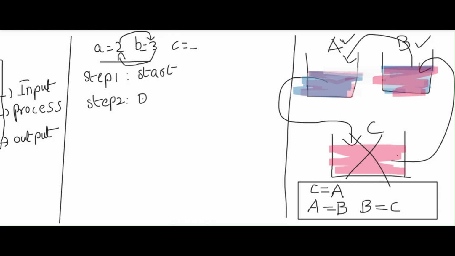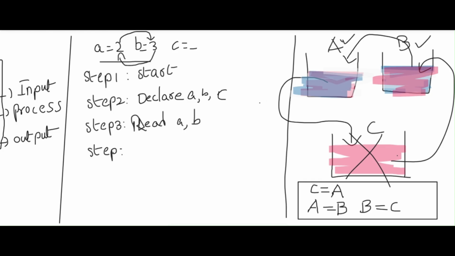Step two, we will have to discuss declaration later: I have three variables, A, B, C. Step three, I think you can write it easily now: read the values A, B. This is input, the sequence we are following.